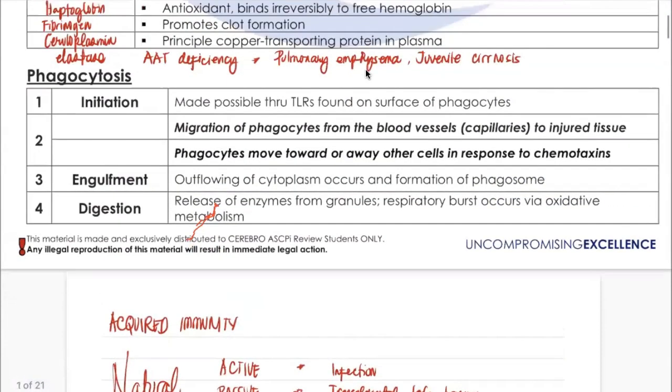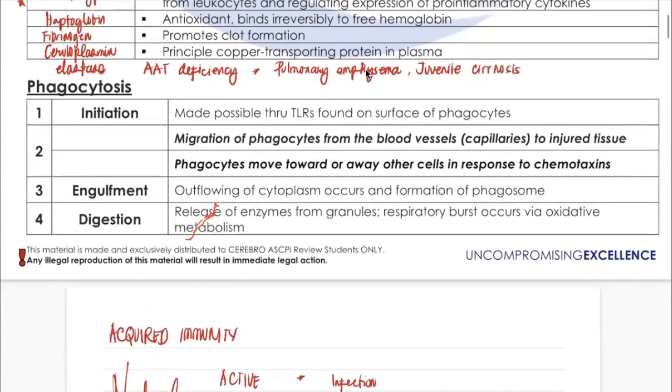Another important component of our natural immunity would be our phagocytes, 'di ba? Sila naman yung major cellular component of the natural or innate immunity.